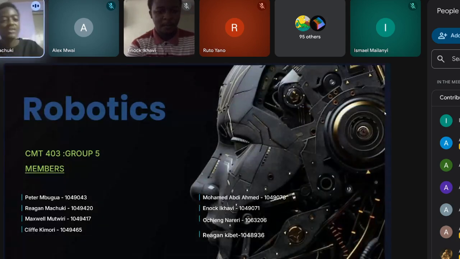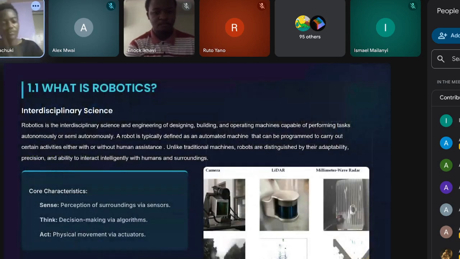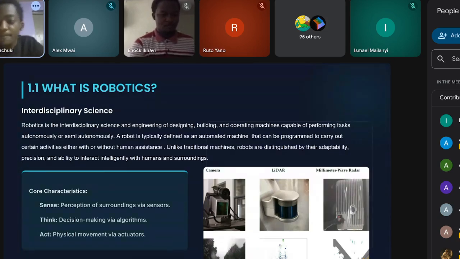So robotics group 6. We start with what is a robot. A robot is typically defined as an automated machine that can be programmed to carry out certain activities, either with or without human assistance.